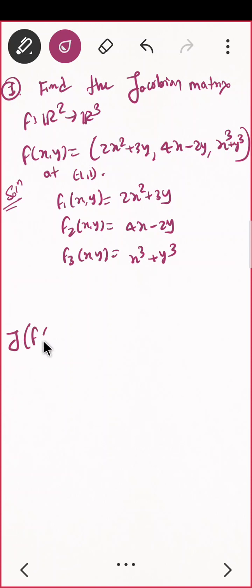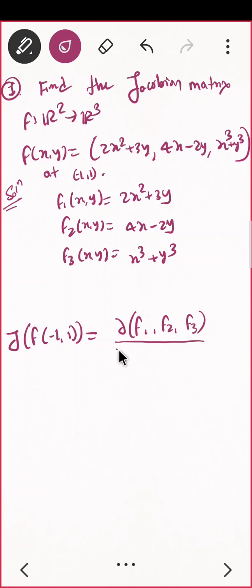Jacobian of f at -1, 1, that will be, another notation is dou f1, f2, f3 upon dou x and y. Here there is no x1, x2, here we are considering x and y, and with respect to the point 1 and -1 and 1. So what will be this equal to?